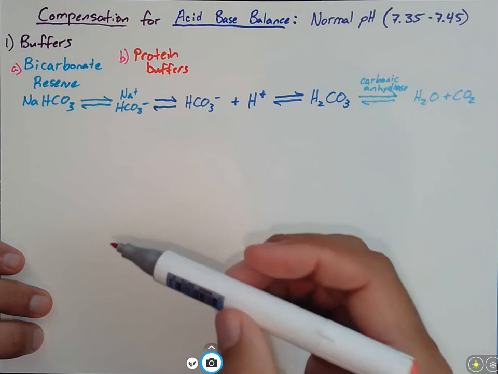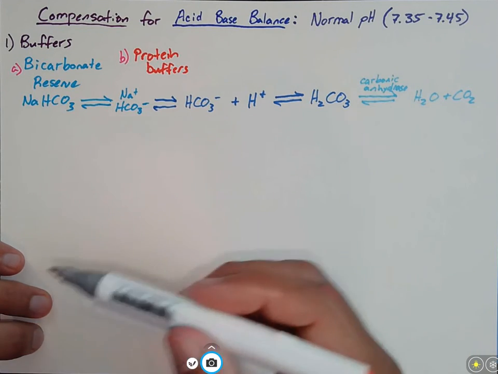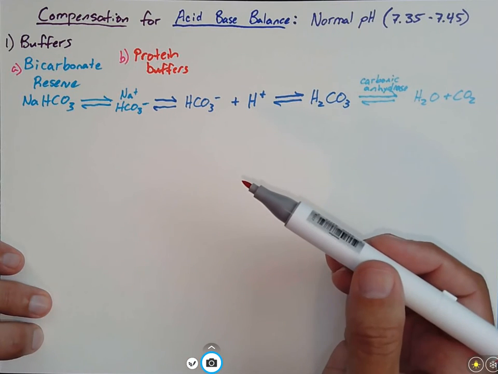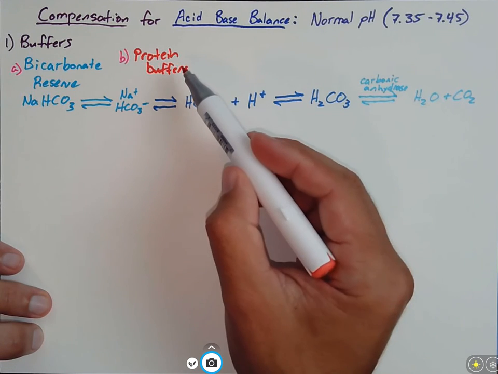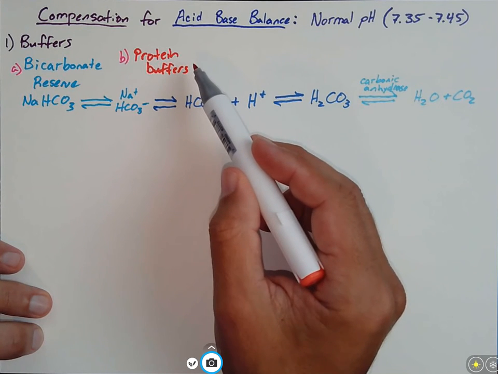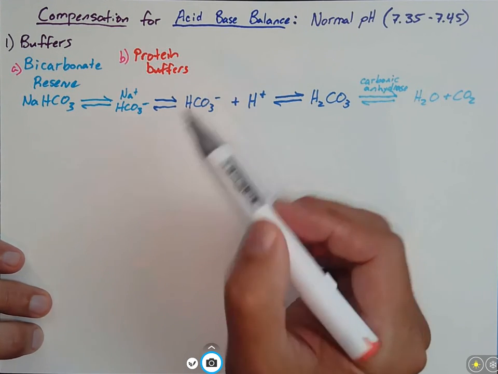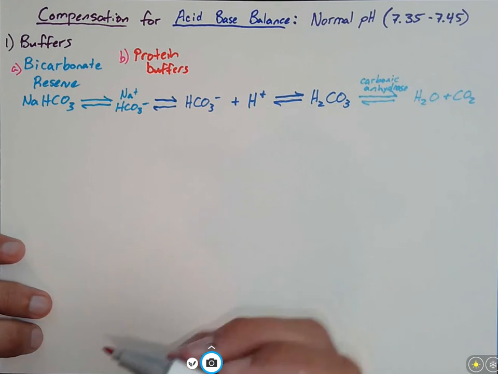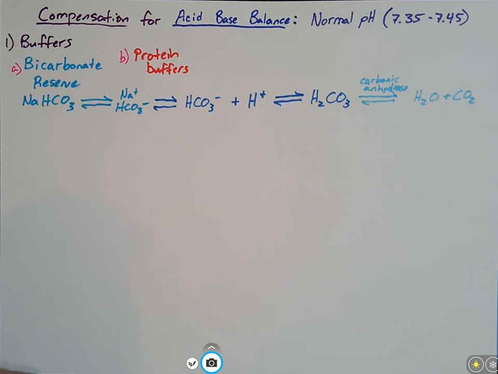Because proteins are made up of amino acids, or an amine group, which is basic, and a carboxylic acid group, which is acidic. So a protein can actually bind up hydrogens on the amine side, but it can release hydrogens on the carboxylic acid side. So proteins are a pretty good source of buffer, both the base buffer and the acid buffer.